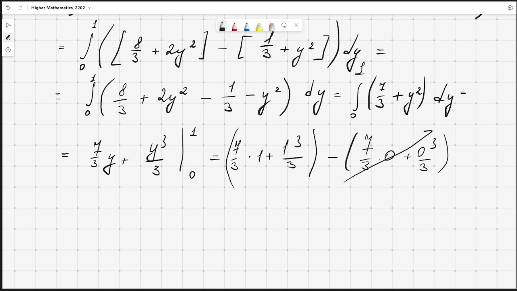It is 0, and in the first, 7 over 3 plus 1 over 3. It is 8 over 3. This is the answer. Is it clear or not? Do you understand this? Yes. Okay.